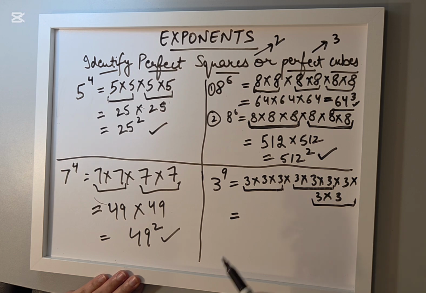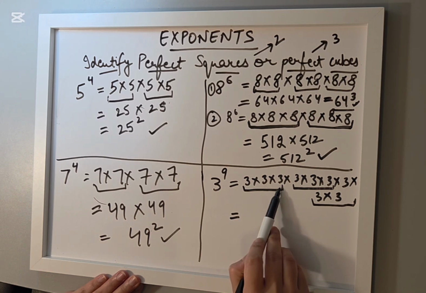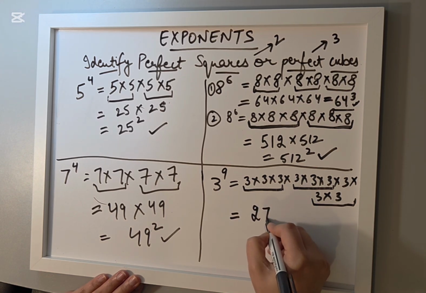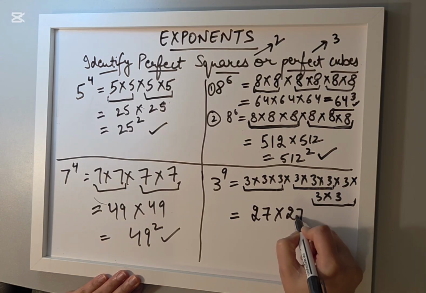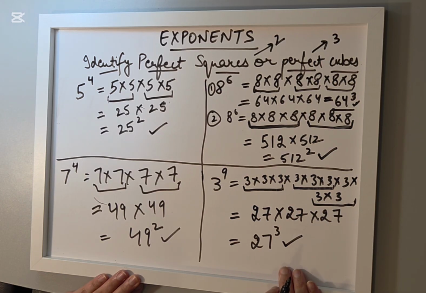You can pause the video and try to solve it yourself. So 3 into 3, 9, and 9 into 3 is 27. Okay, so it comes out to be 27 into 27 into 27. So 27 cube. So this is also a perfect cube.